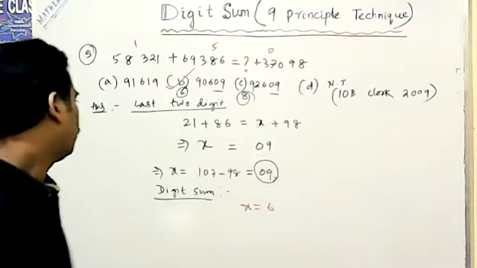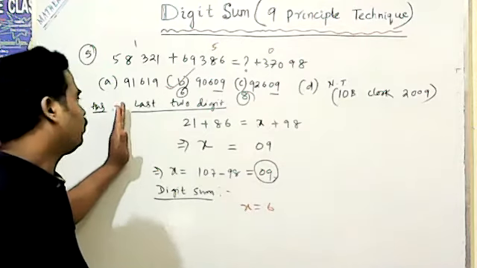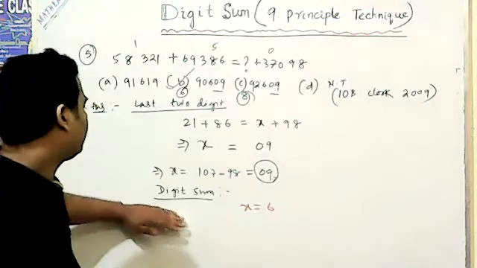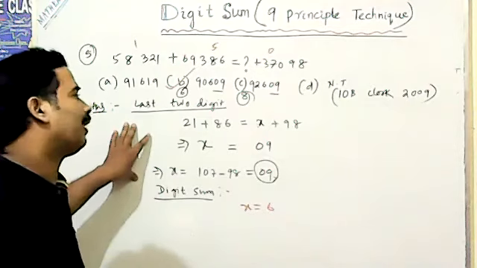So here you can use any two concepts: the last two digit concept or the digit sum, any two you can apply.